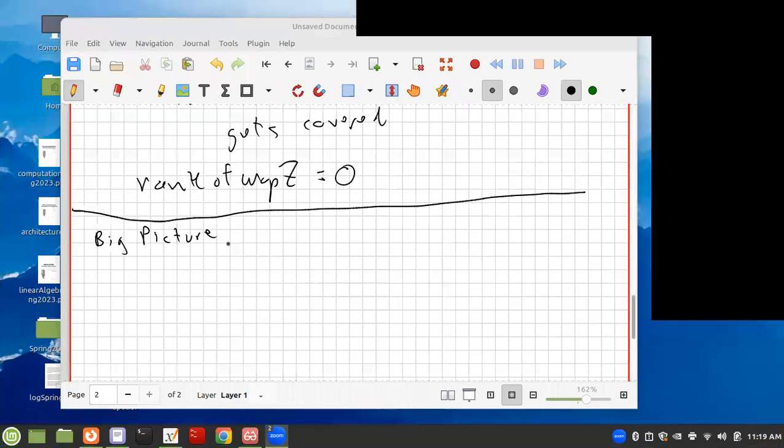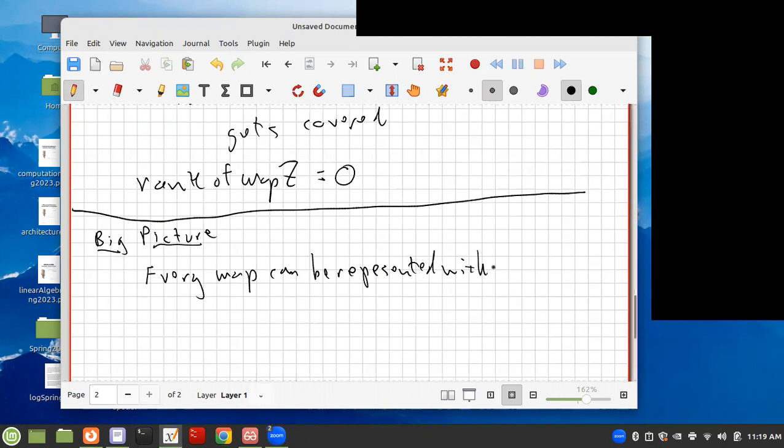Okay, so the big picture of the maps and matrices thing is this. Every map can be represented with a matrix.